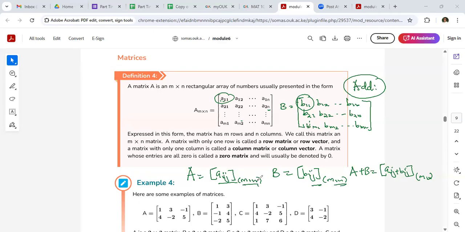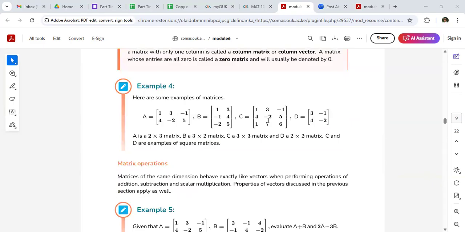So you can only add matrices of the same order. Otherwise, you'll have an element without a corresponding element. For example, look at the matrices given here. So we have, say, matrices A, B, C, and D. If you look at these matrices, we cannot add them. Like I cannot find A plus B because they're not of the same order.